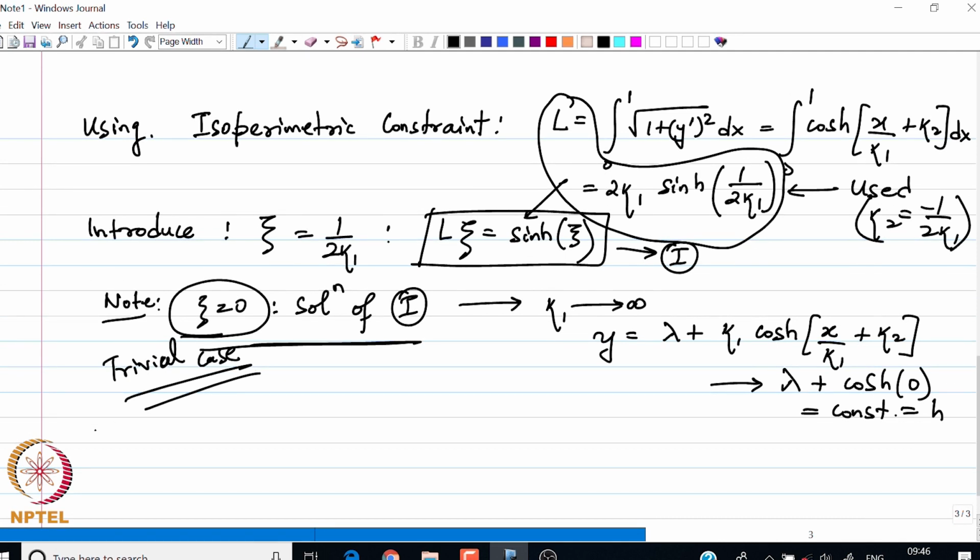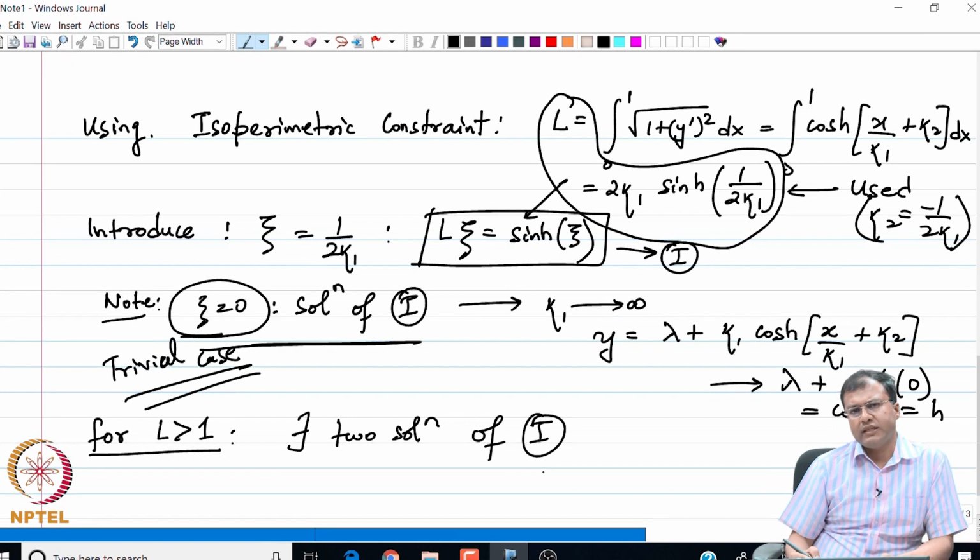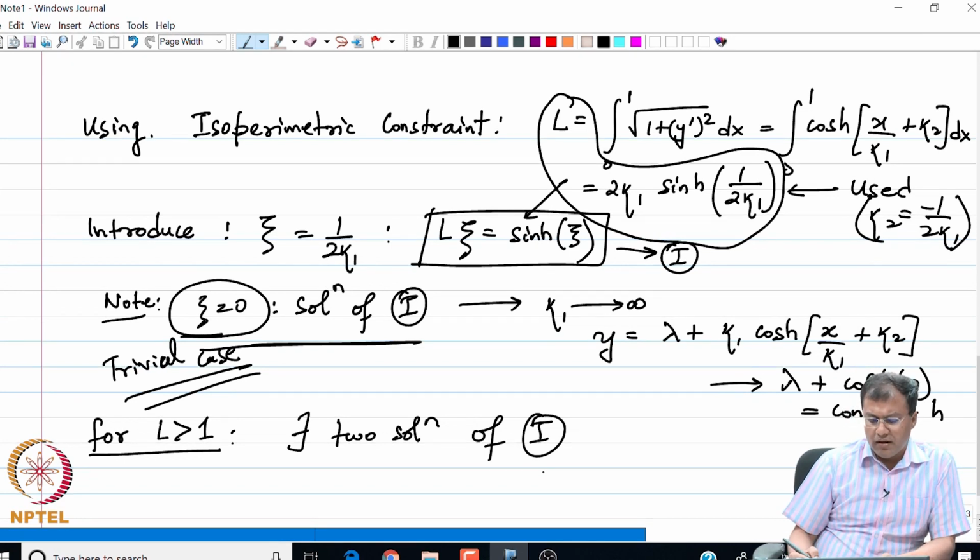So, now we know that for L greater than 1, which is why we had assumed that L was greater than 1, there exist two solutions of 1. That has been shown a few lectures back: for L beyond a critical value, in general there exist two solutions.